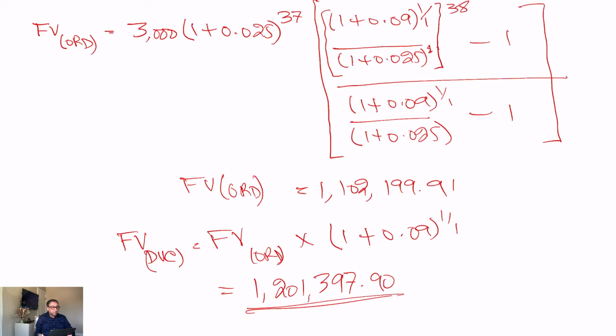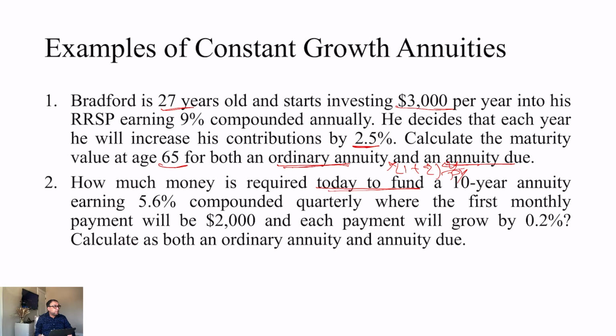Again, the formula is very simple. We can see here the present value ordinary is 2000 divided by 1 plus 0.002, right?